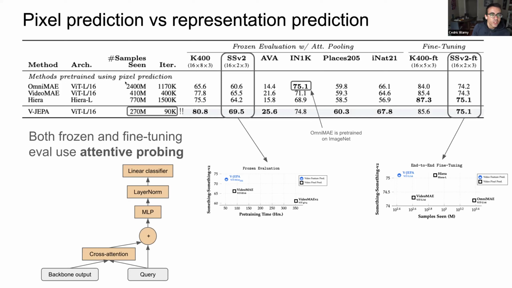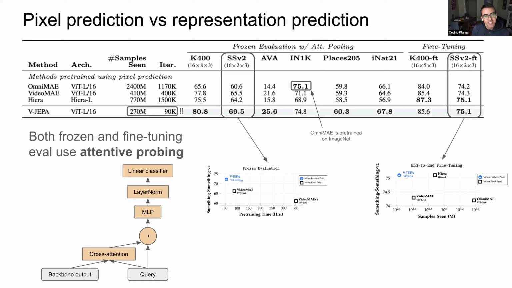Okay, so things to pay attention to in this table is the number of samples used for pre-training. I forgot if it's pre-training or fine-tuning data, but it has to be pre-training because it's different datasets, yes. So this is the number of samples seen during pre-training. One thing to notice here is V-JEPA has seen less data.